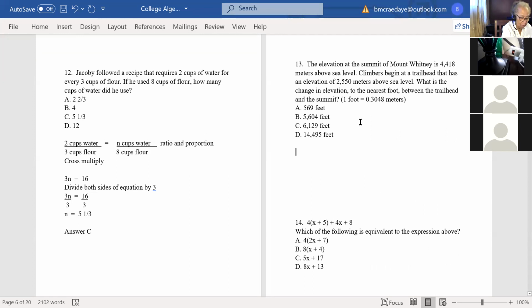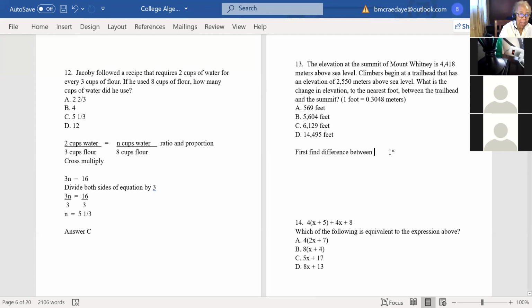Okay, so first, find the difference. Latoya, is that your noise? That's me. Oh, that was you, Audrey. Okay, I have to get my calculator. Okay, find the difference between, because they said change in elevation to the nearest foot between the trailhead and the summit.